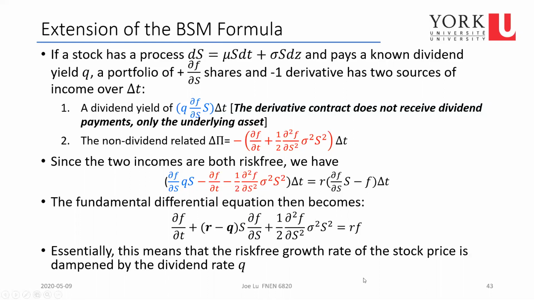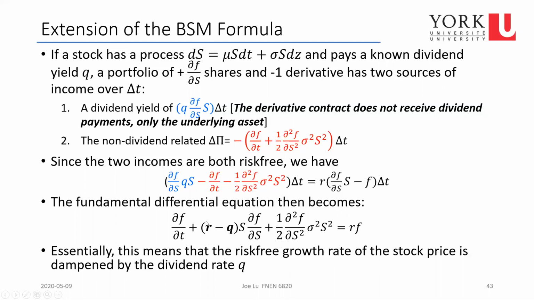So essentially what it says is that in risk neutral terms, instead of the growth rate for the stock being R, if the stock pays dividend at a continuous rate of Q, the risk-free growth rate for the stock is really R minus Q. This is the only difference.